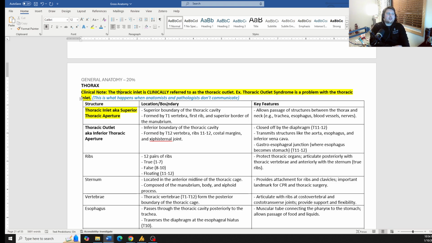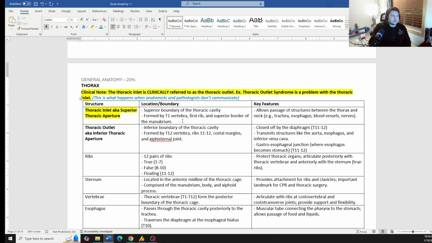However, when talking about pathology, a super common pathology that gets talked about is thoracic outlet syndrome. Thoracic outlet syndrome is referring to the neurovascular bundle that's leaving the neck region through the thoracic inlet. So it gets named a little bit weird, and it honestly just depends on who you talk to what they're going to call it.